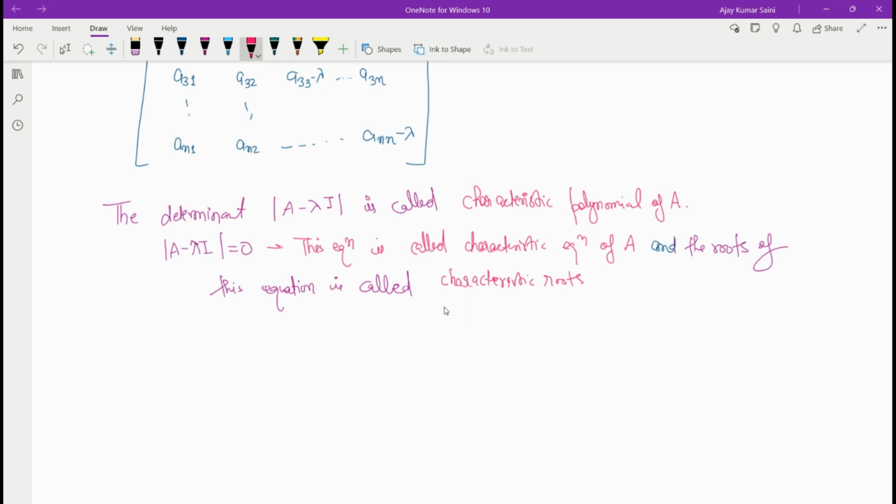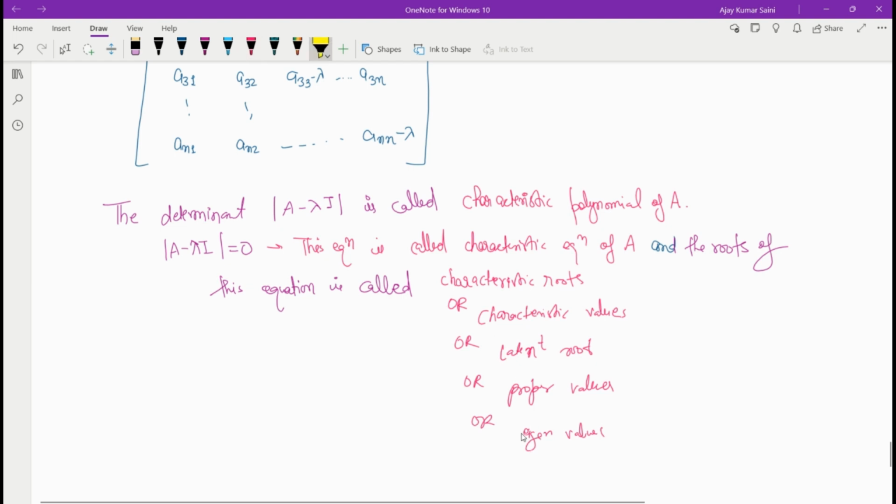So characteristic roots or characteristic values, okay, or latent roots, okay, and proper values or Eigenvalues.